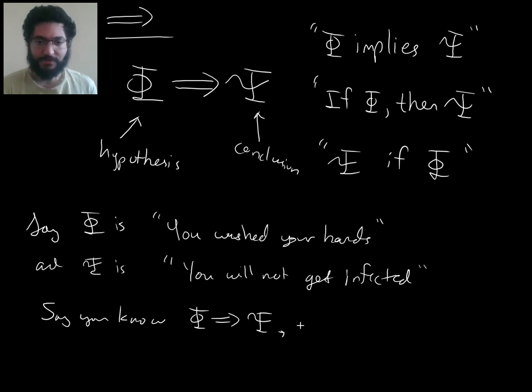However, if you both know that washing hands implies not getting an infection, and you wash your hands, then you can conclude, okay, I will not get infected. So that rule is called modus ponens. That was the rule I just showed you.